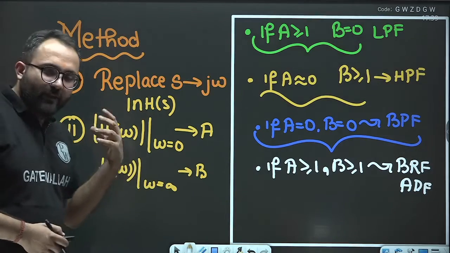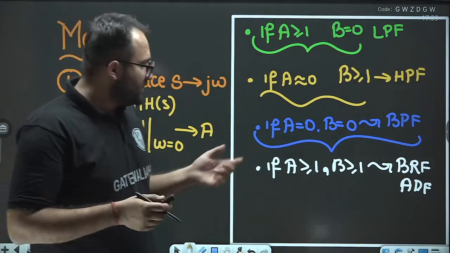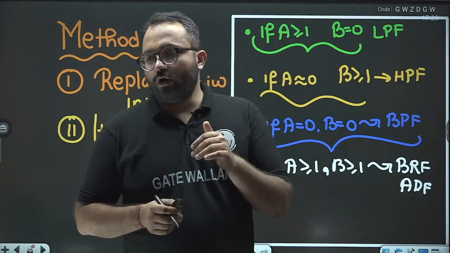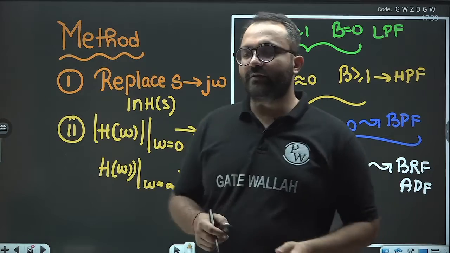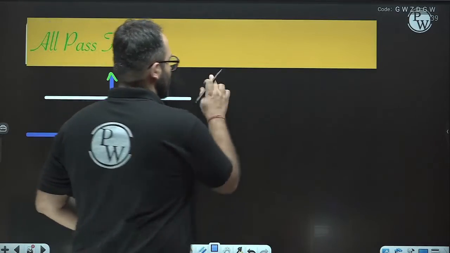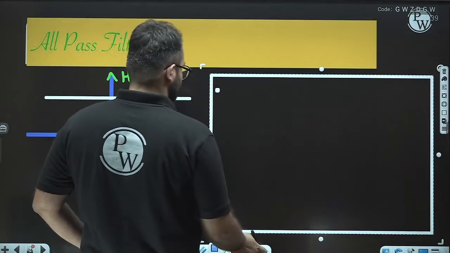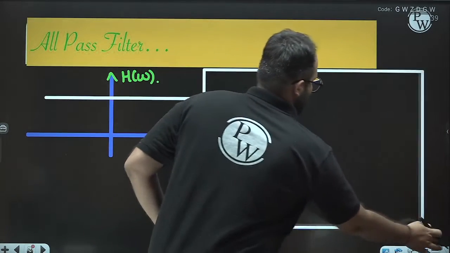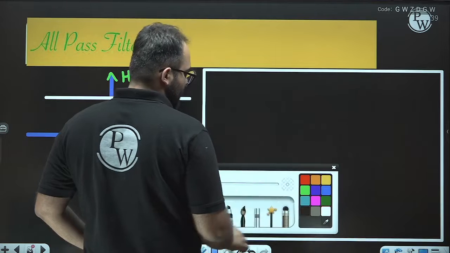Now how to differentiate between the band reject filter and all pass filter? We have the property of all pass filter.